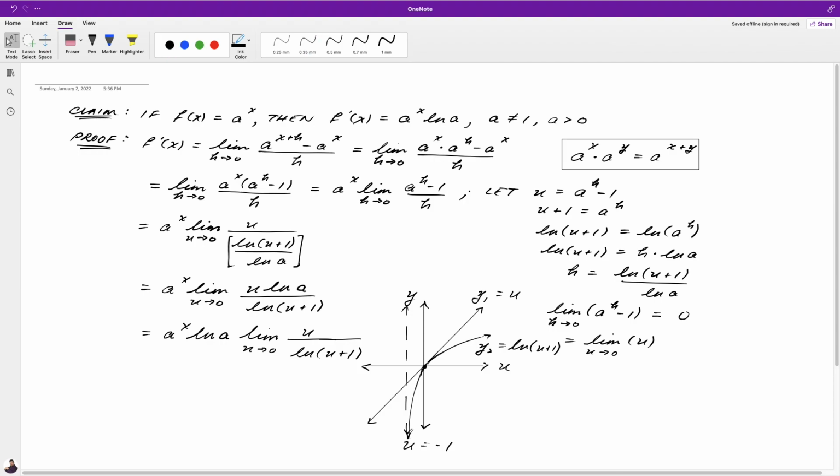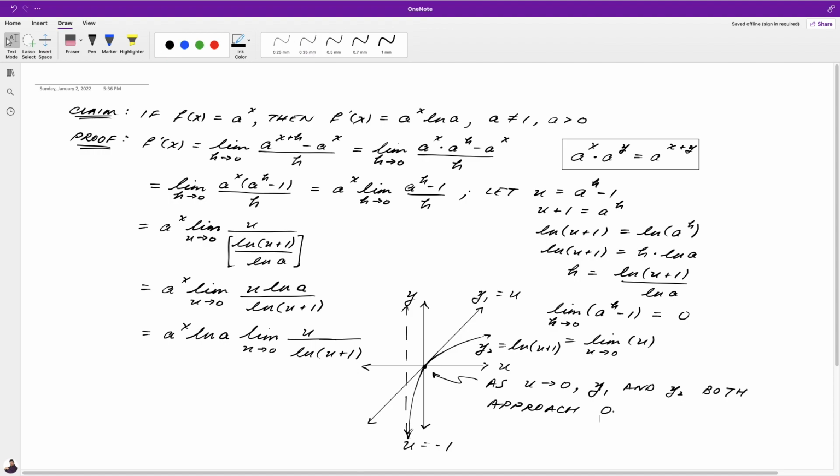Well, let's take a look at what happens here. I'm going to analyze what's going on right here. As u approaches 0, from the left or the right, y1 and y2 both approach 0.